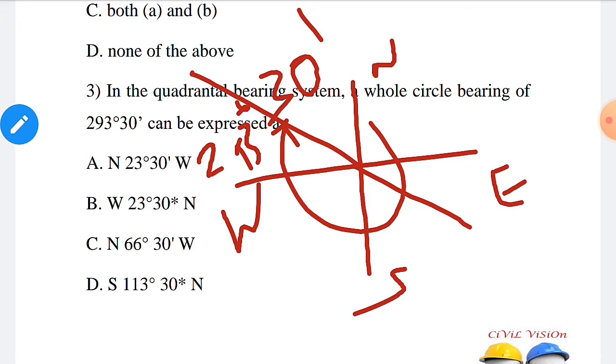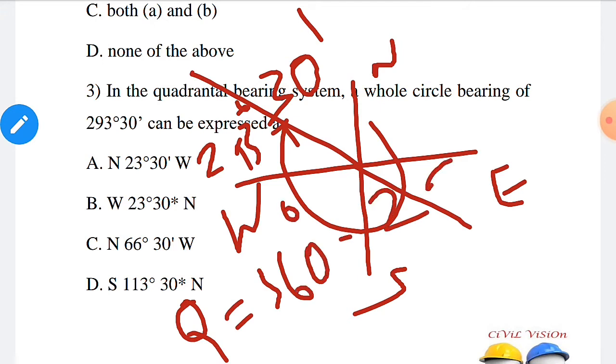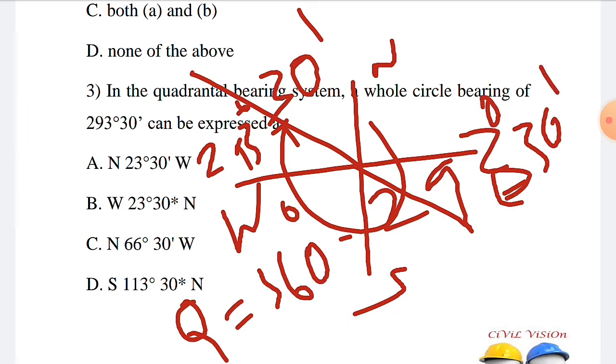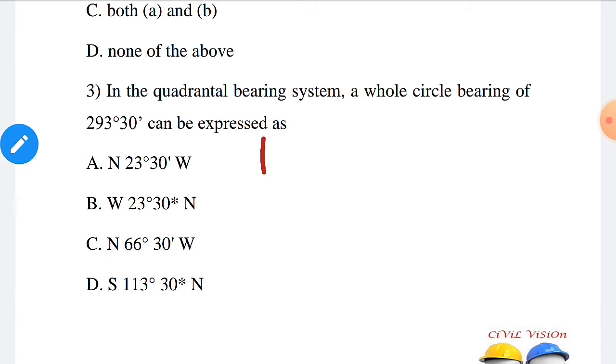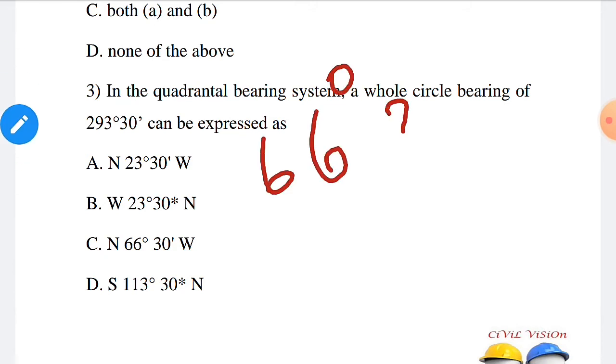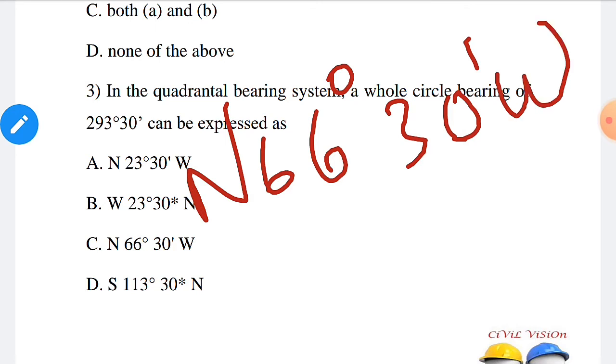Choose the nearer value. So finally we get the quadrantal bearing as 360 degree minus 293 degree 30 minutes. We get 66 degree 30 minutes, northwest. Therefore, the correct answer for this one is option C, 66 degree 30 minutes west.